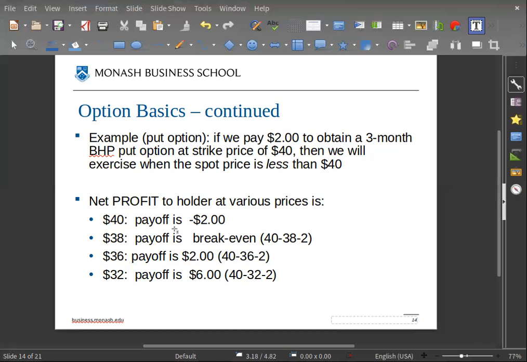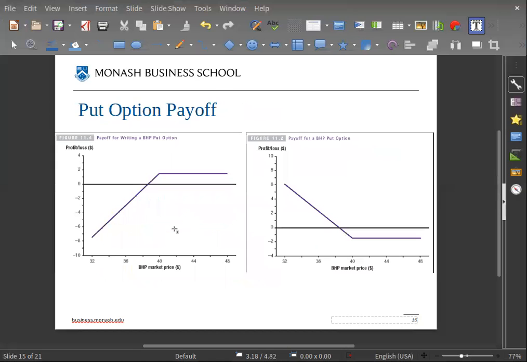Let's visualize this in a graph. It's the opposite scenario of the call option. Our profit potential is no longer unlimited. On the right-hand side, you will see that we make a profit at any price below 38. So the profit keeps rising all the way down to when share prices become zero.